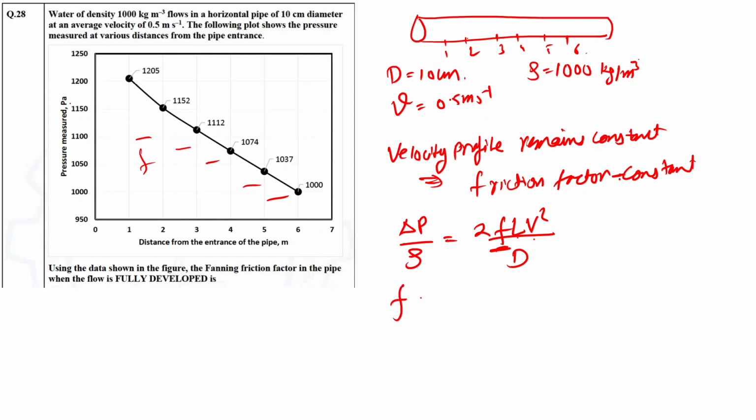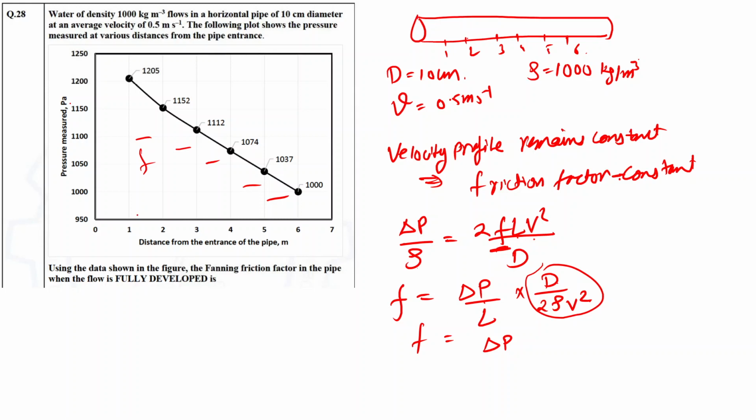So F we can also write as delta P upon L into D upon 2 rho V square. So the diameter, rho, and average velocity will remain constant throughout the pipe. And this delta P we can calculate for each of these sections.